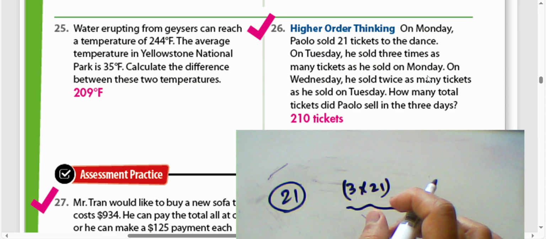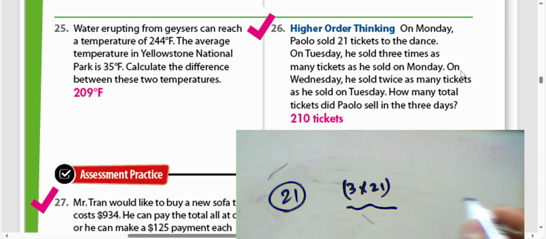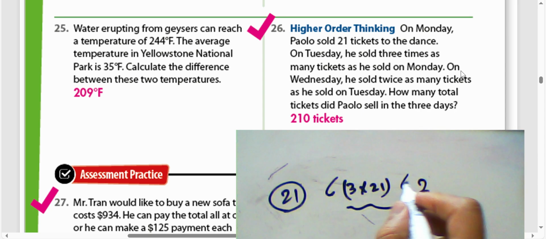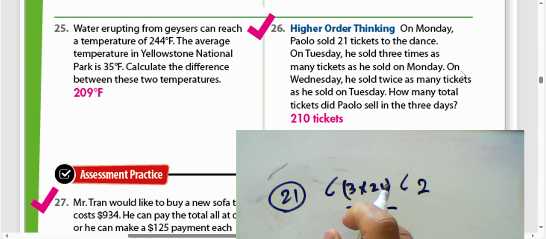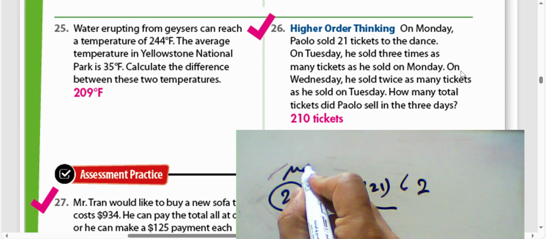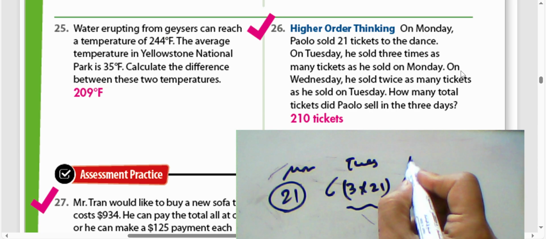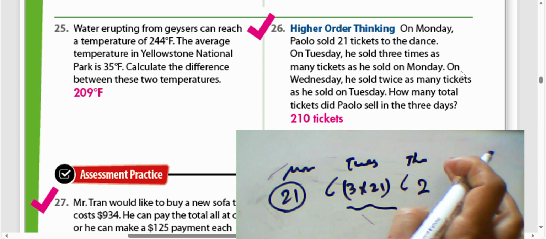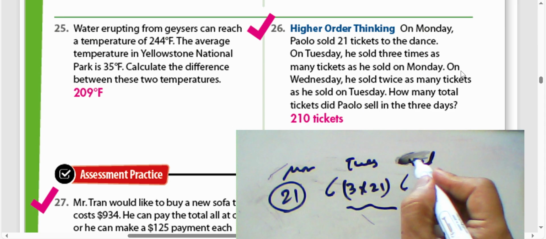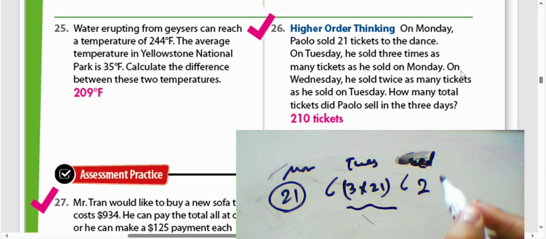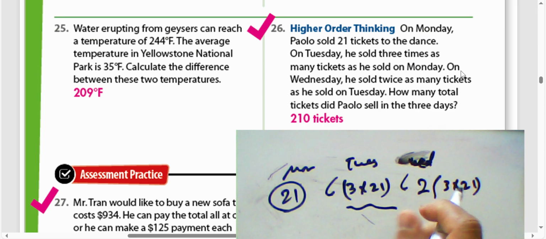So the result will be 3 times 21. On Monday, we have 21 tickets and 3 times 21 on Tuesday. On Wednesday, he sold twice as many tickets as on Tuesday. Here Monday and Tuesday, and this here is Wednesday. On Wednesday, twice Tuesday, so multiply 3 times 21, then twice this number.